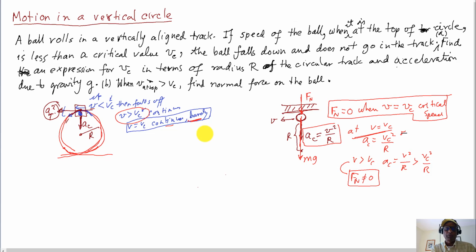Okay, so for part A, there's only one force in that direction, mg.